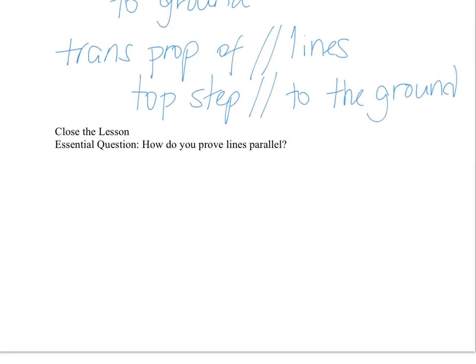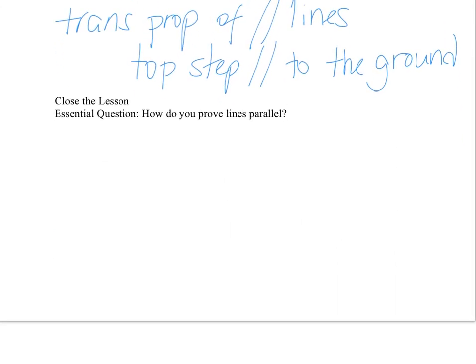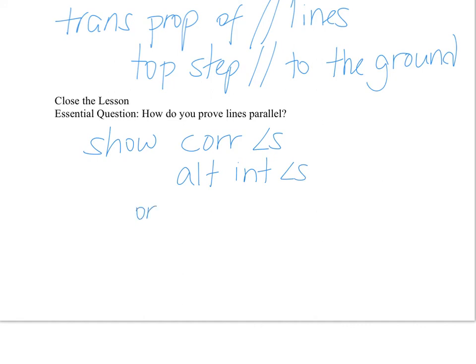Okay, we're just going to close out the lesson. How do you prove lines are parallel? We can show corresponding angles, alternate interior angles, or alternate exterior angles are all congruent.